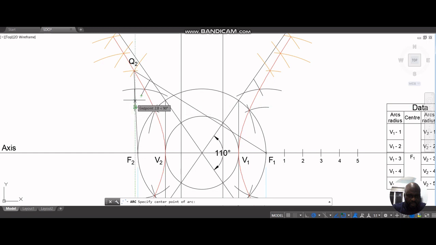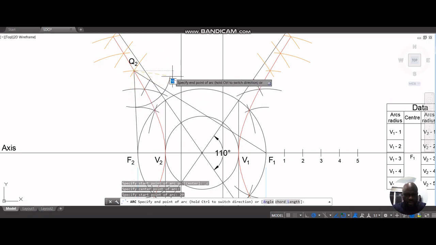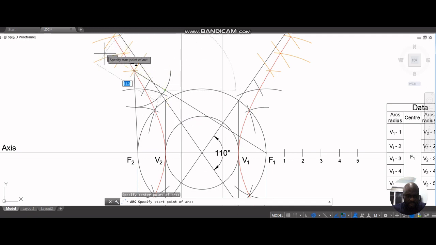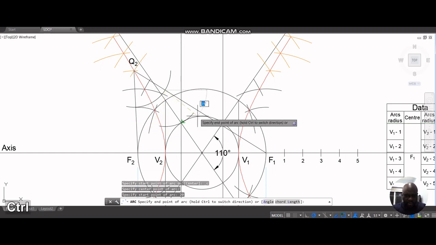You can choose any point on the line and draw an arc. From that point of intersection on both sides, I can cut my arc up or down just to bisect that angle. You understand the process of bisection of an angle, so we do this quickly.